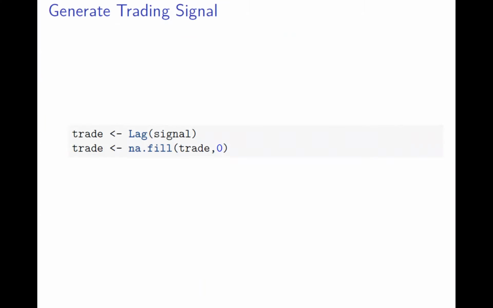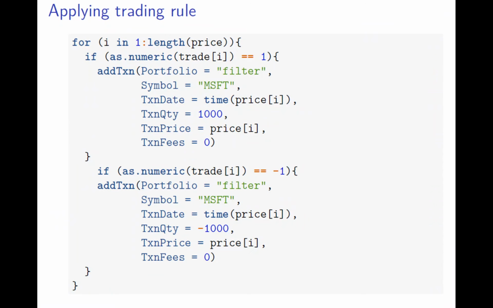So the next, go back to slide, is to do it from the beginning to the end. Remember the trade has a timestamp here, so that's why it's as numeric. When the trade is equal to 1, that's a buy signal. What you do is add a transaction to the portfolio filter, symbol Microsoft, and the time is the time when this happened. So that's why we need the timestamp here.